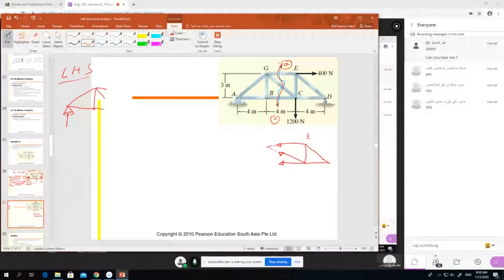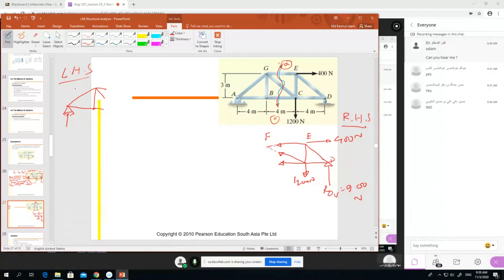Here at D is RDV, as you said, 900 Newton, and here is 1200 Newton, and here is 400 Newton, right? You suggested that we should start with the right hand side.